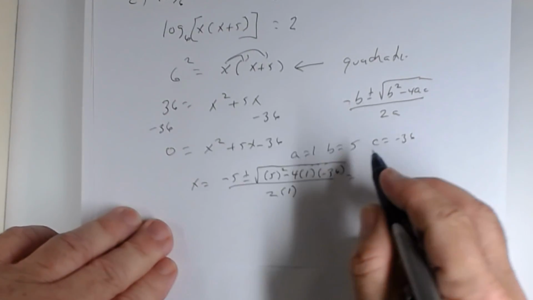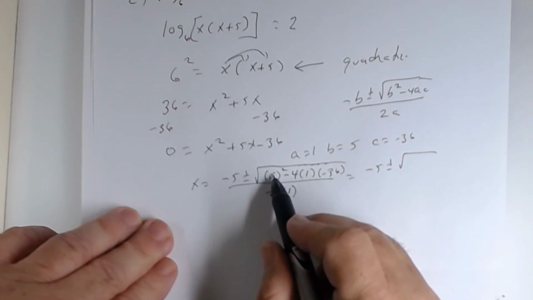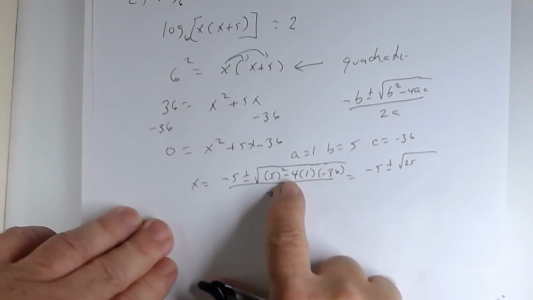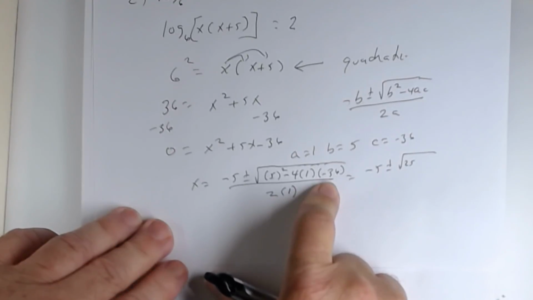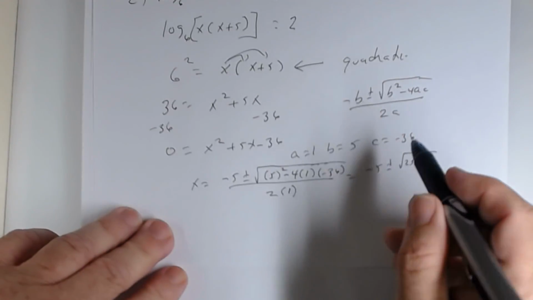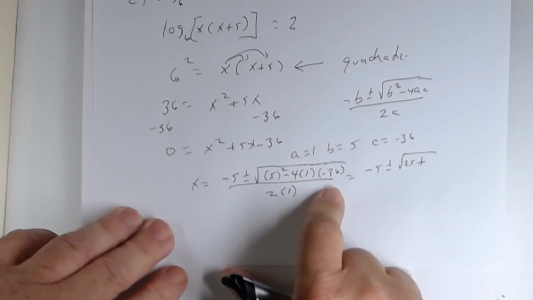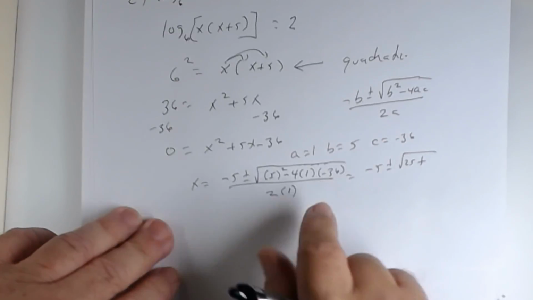Remember the discriminant. So I get -5 plus or minus the square root of, what's 5 squared? 25, right? On your calculator, a negative times a positive times a negative is a positive. And what's 4 times 36 in the calculator? 144.